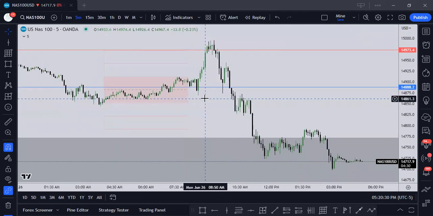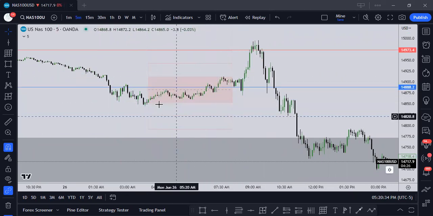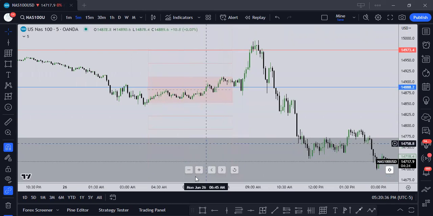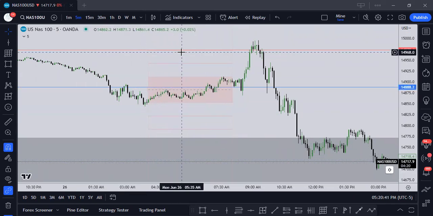So we're going into the day. This is the information that we have. This is your overnight session. Your sell side liquidity is this gray area down here. And this is your key level, right? Which means from an anticipatory standpoint, you would be expecting something that looks like this.